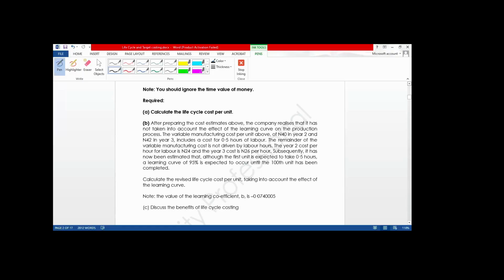If you recall our explanation on learning curve when we were doing pricing, we explained that learning curve will have impact on the labor hours.